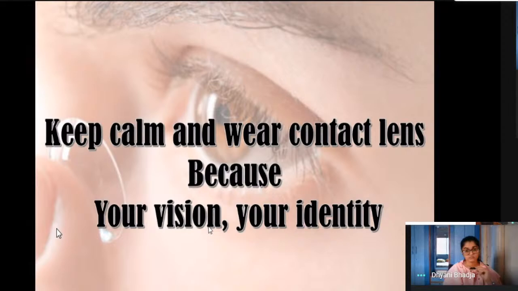One thing we need to see: once we have seen the fitting, if it is flat or steep, then we don't have to change both parameters, base curve and diameter. We have to change either base curve or diameter. So if it is a flat lens, don't change both. If it is a steep lens, don't change both, either a base curve or a diameter.